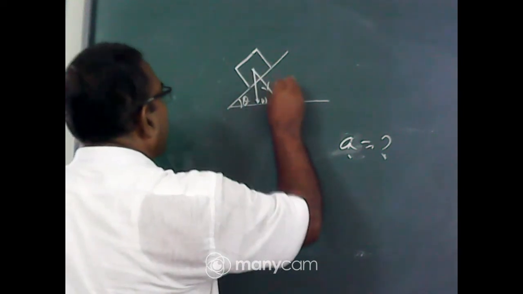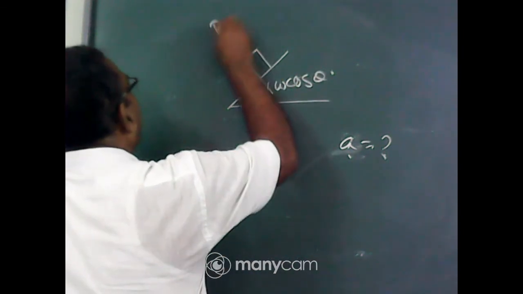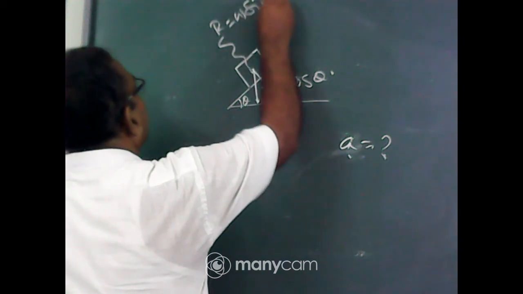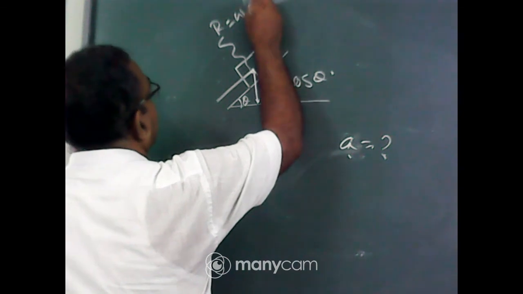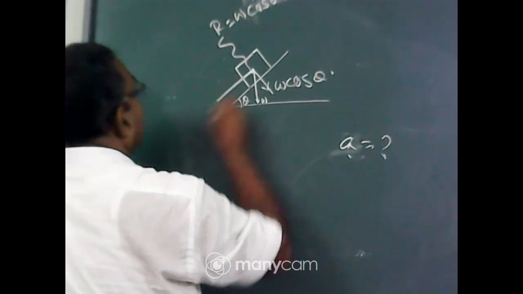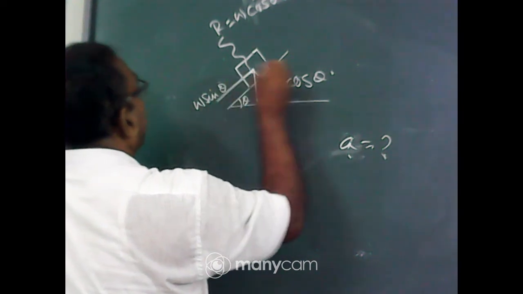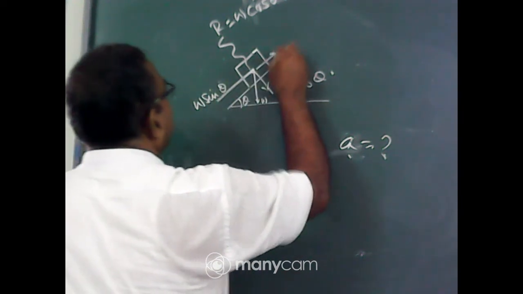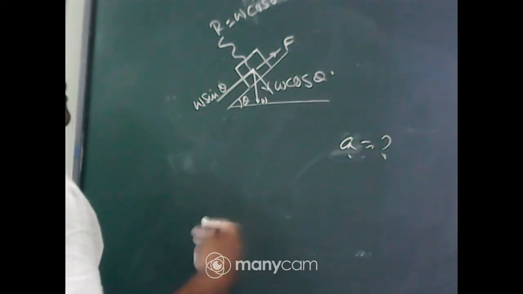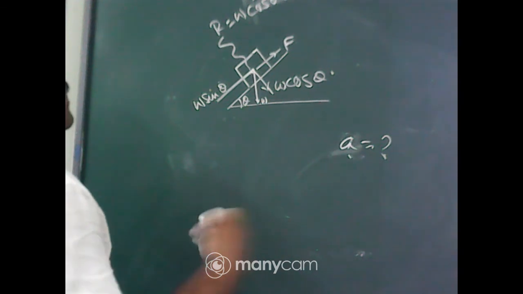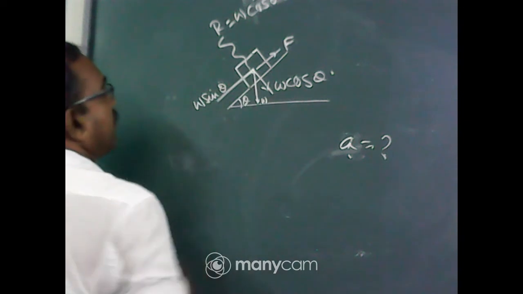So, this is the W cos theta and R equal to W sin theta, and that direction is F. So, if the object is just in motion along the downward direction, that time an acceleration is created on it. Okay.